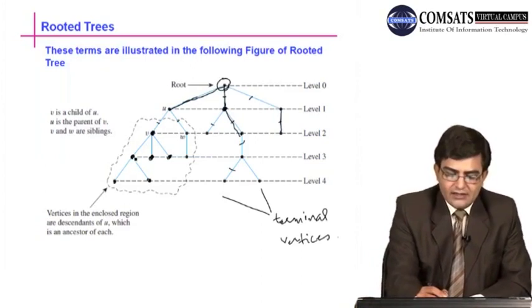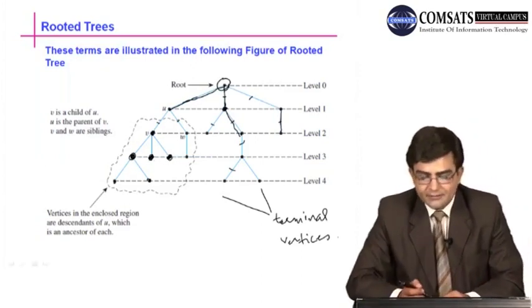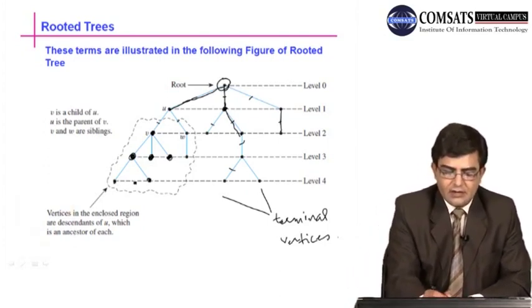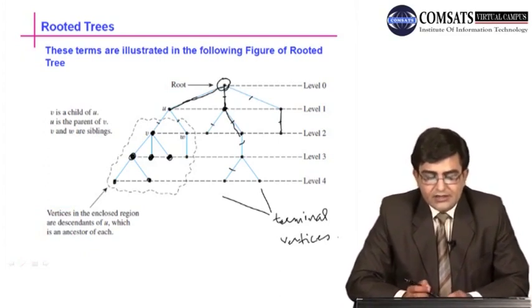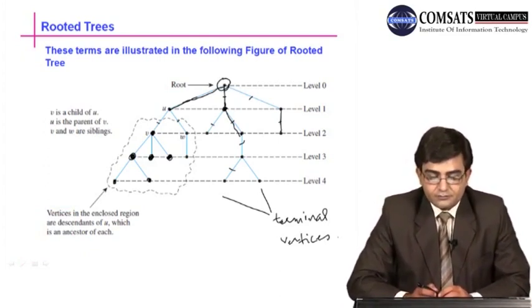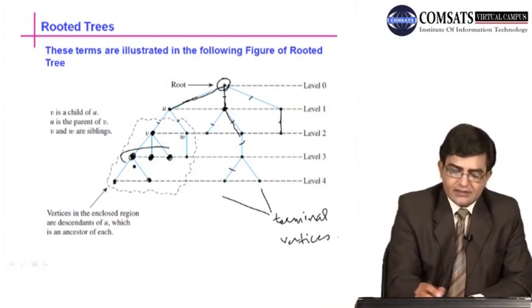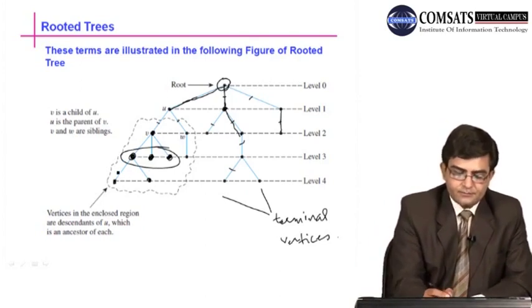So only these 3 vertices are called the children of v, not these other vertices, because these are 2 levels away from the root compared to v.